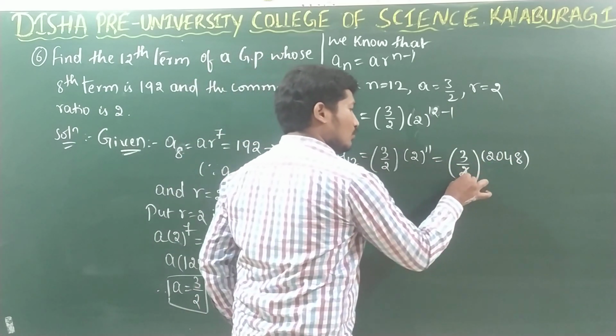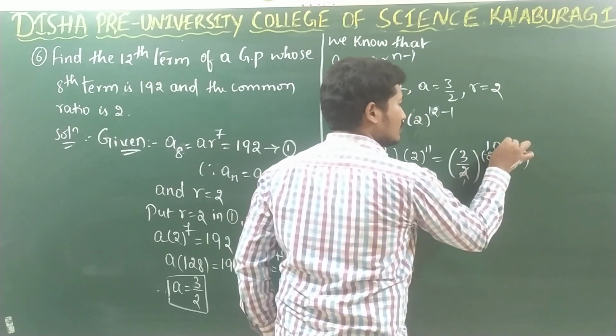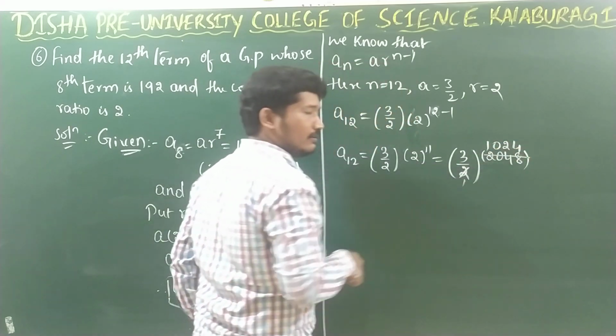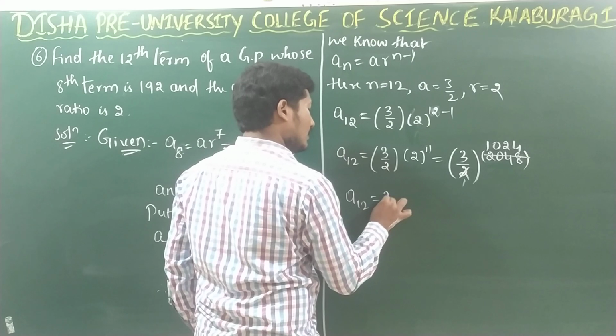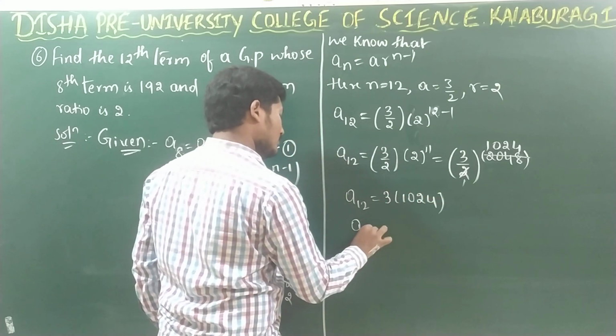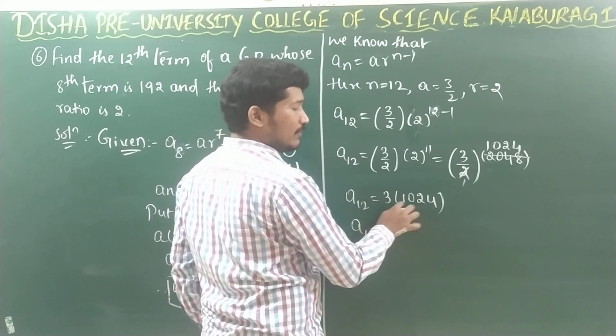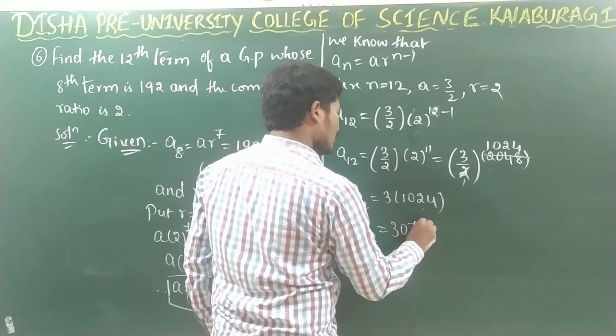Now 2 1s are 2, 0 as it is, 2 2s are 4, 2 4s are 8. So a12 is equal to 3 into 1024. So a12 is equal to, when you multiply these two, your answer will be 3072.